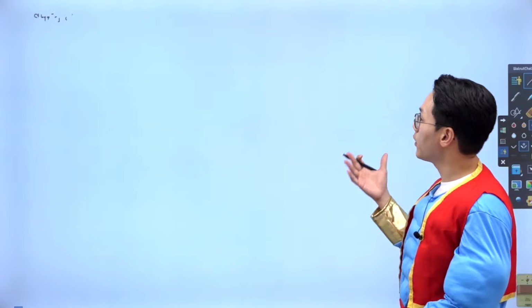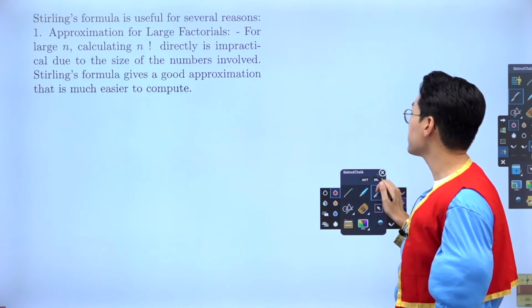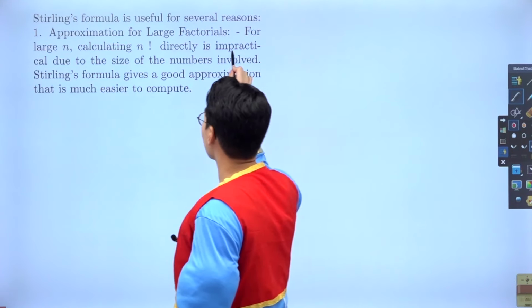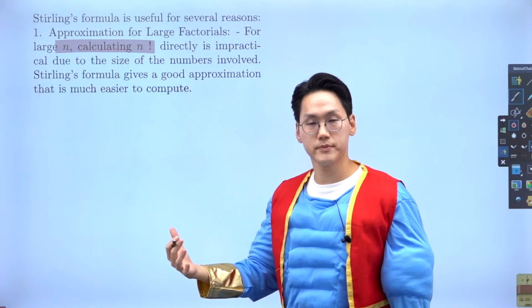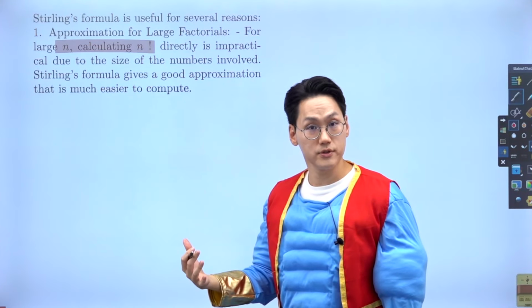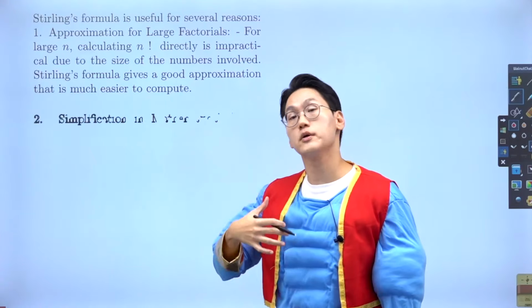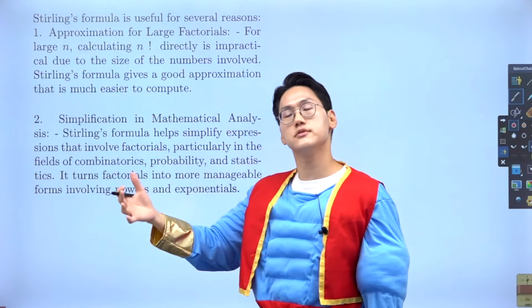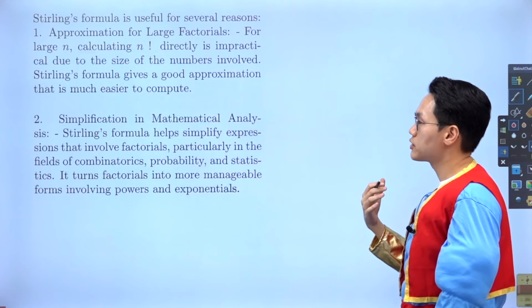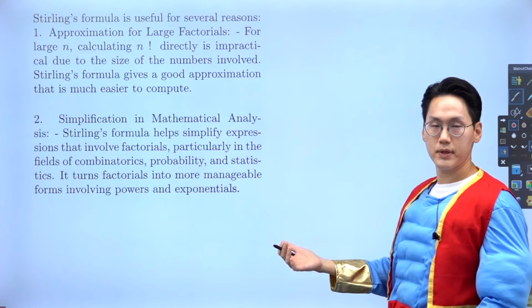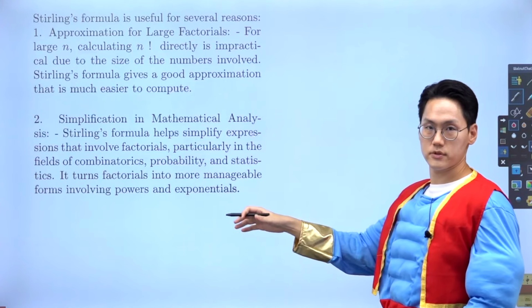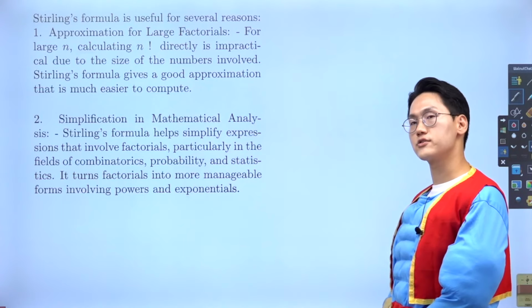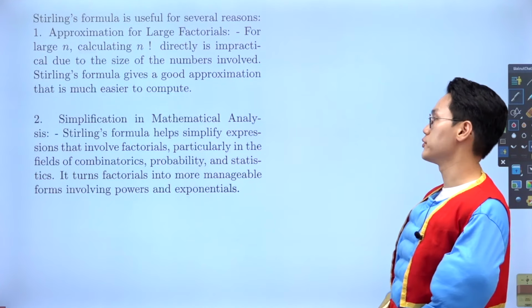And if you ask me why we bother with the Stirling's formula, well, it can handle a very large value of n using the more familiar functions, such as an exponential and a power, and computers prefer that. If you actually put it into programming, you can see. I think there's a very easy practice online using Python to compute the factorial versus the Stirling's formula and how much faster it can compute for you, right?